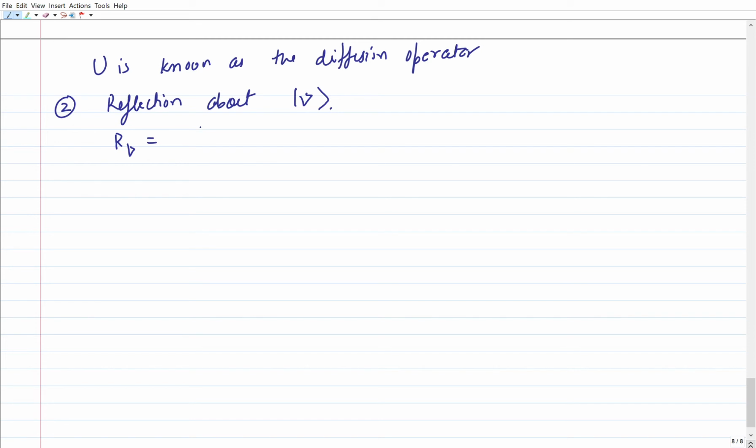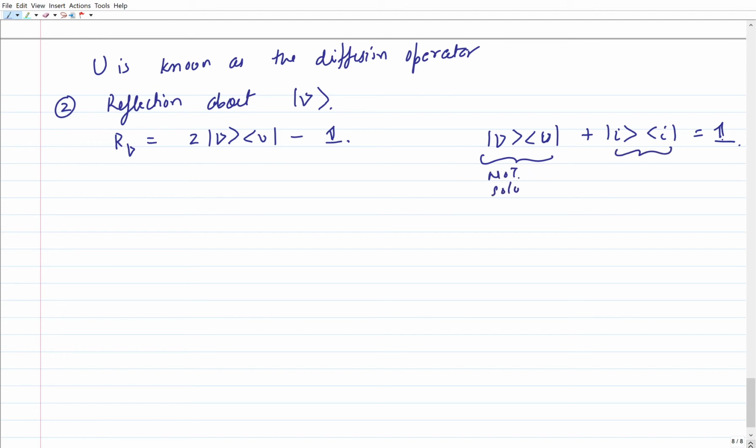That's going to be again this guy. Notice the resolution of the identity: v and the solution I form a complete set. It's a resolution of the identity simply because this is the space of not solution and this is the space of the solution. So in some sense you can write v as 1 minus I as well.